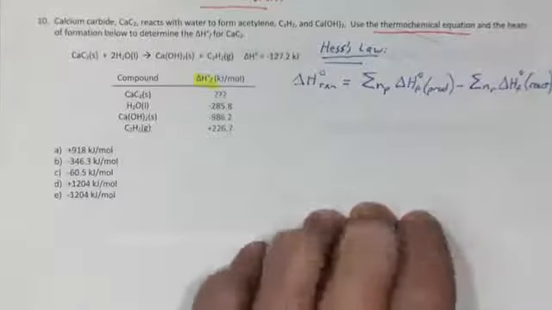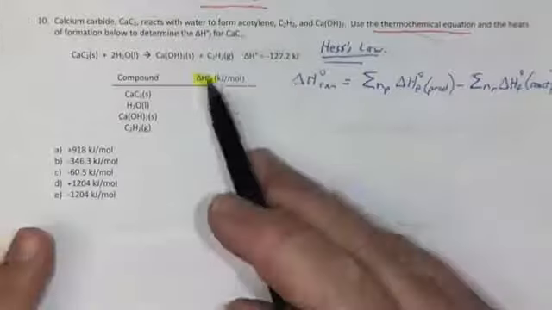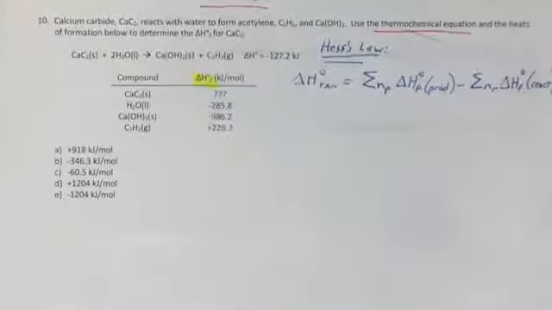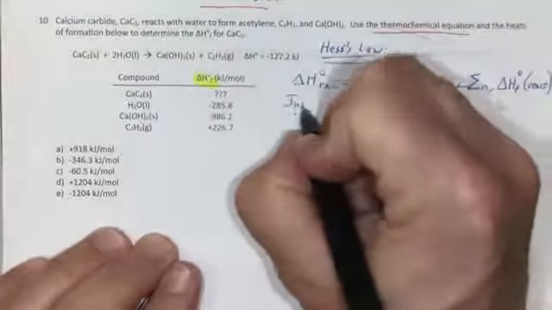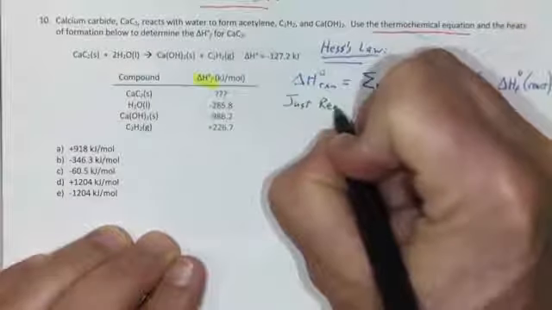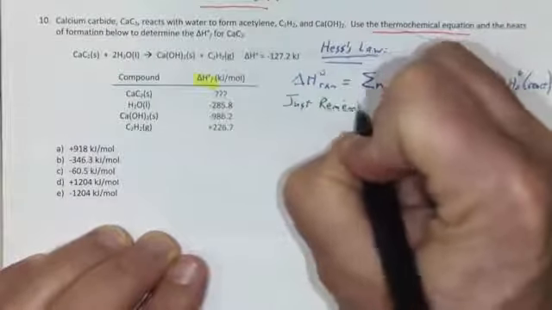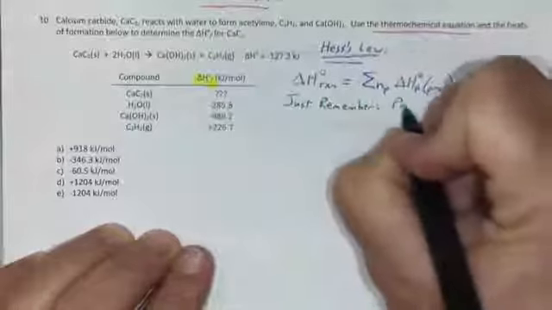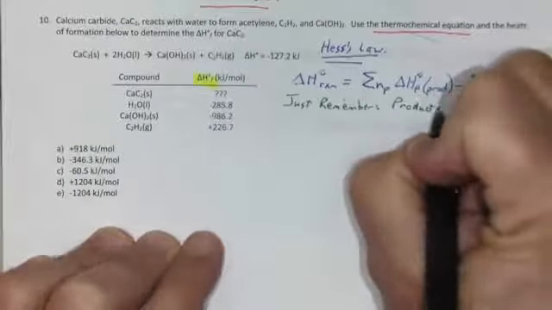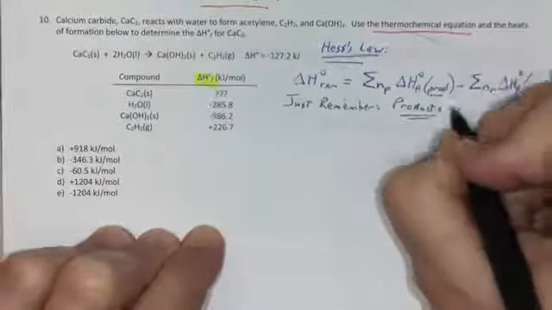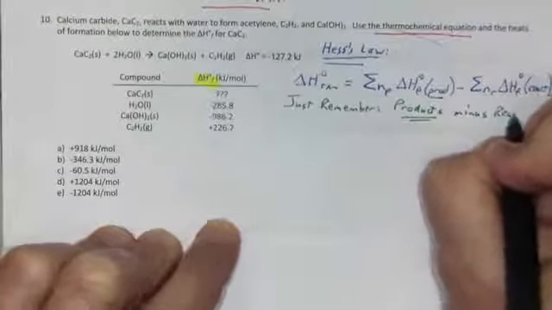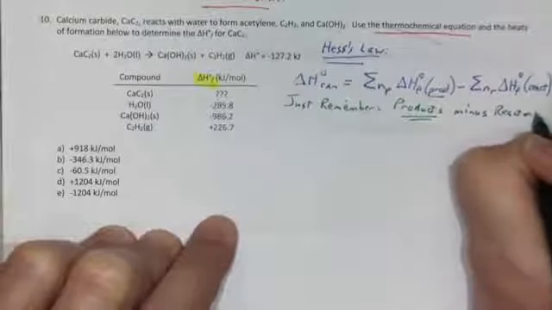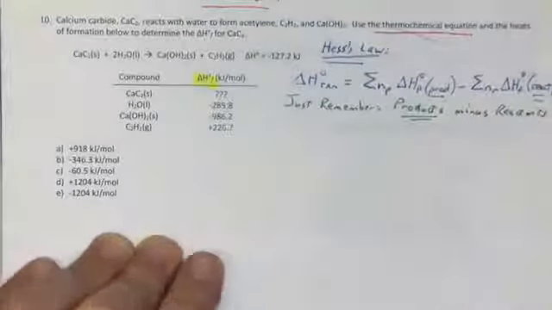Okay. So that is Hess's law, where we use delta H sub F. And I would say, just remember, it's products minus reactants. Products minus reactants. So products right here minus reactants. And that's how you can remember Hess's law.